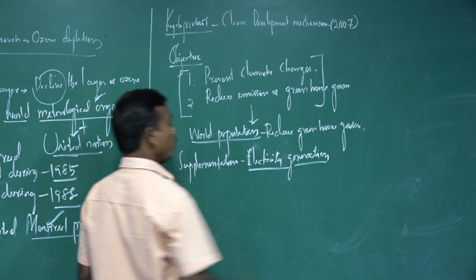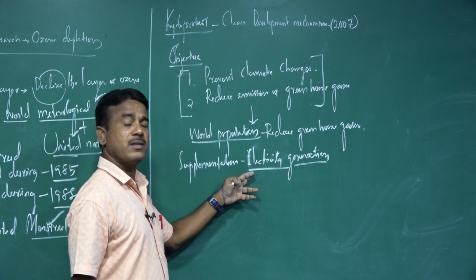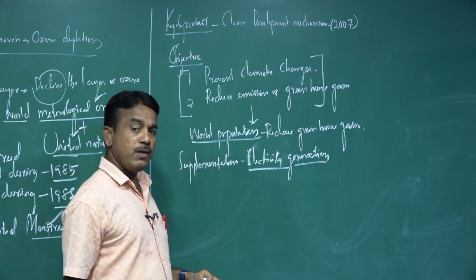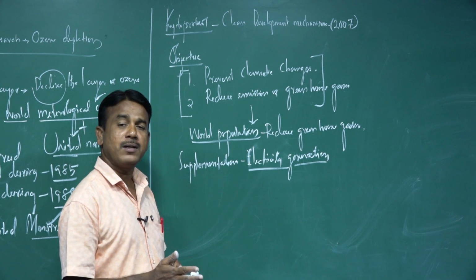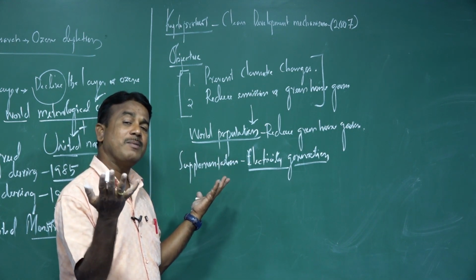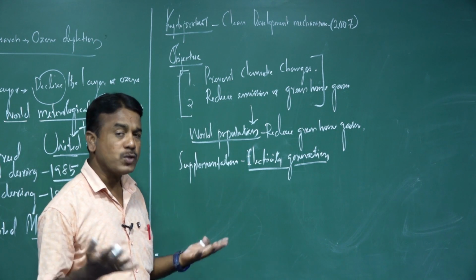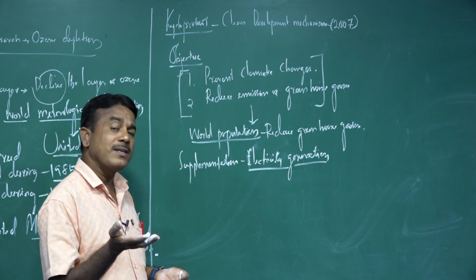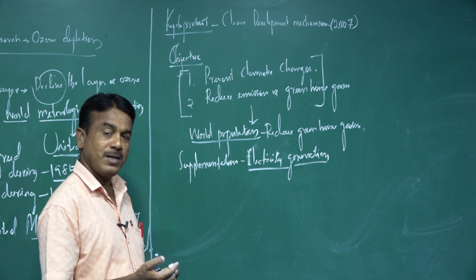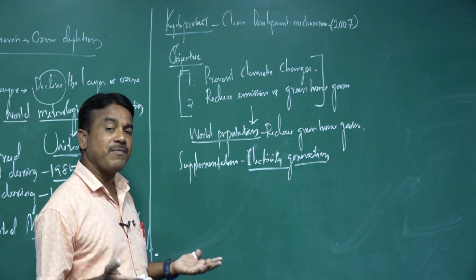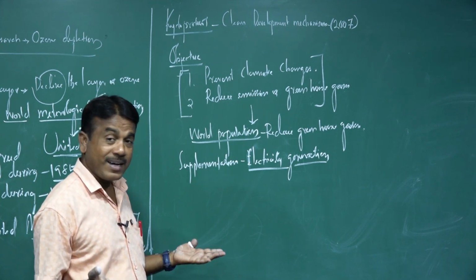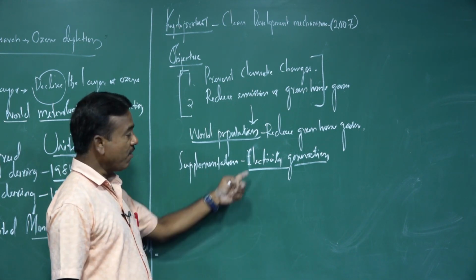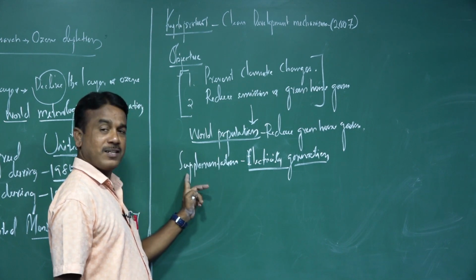In general, if we manufacture electricity using fossil fuel such as coal, many kinds of carbon dioxide emissions take place. Carbon dioxide is a greenhouse gas. If the carbon dioxide level increases, global warming takes place, which causes many hazardous effects in the environment. So that's why supplementation of electricity generation takes place.